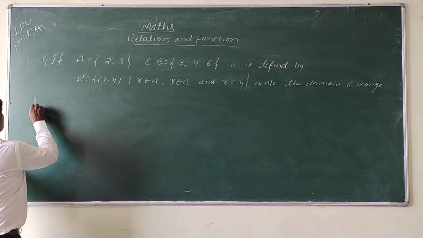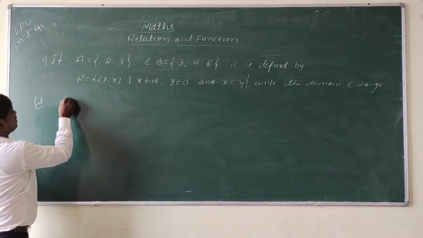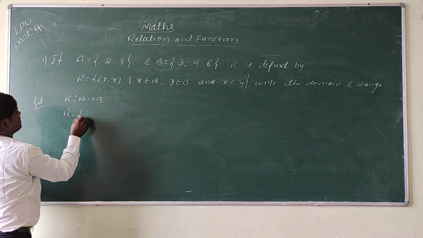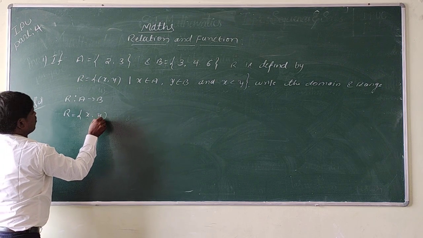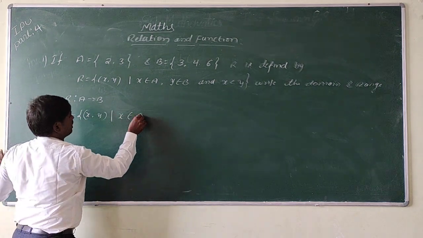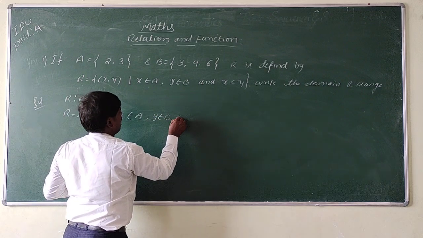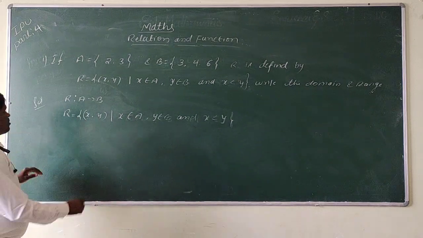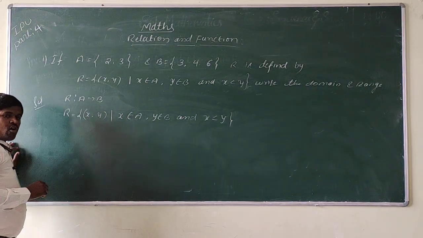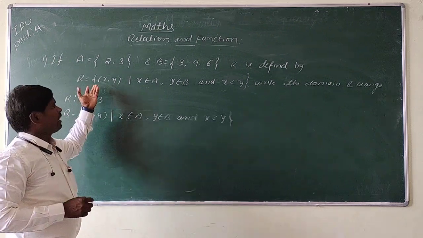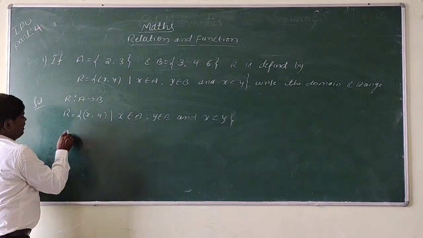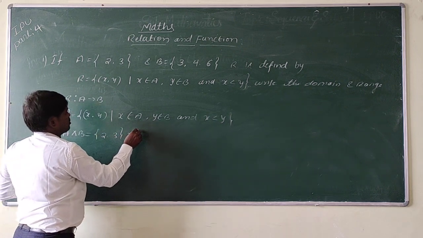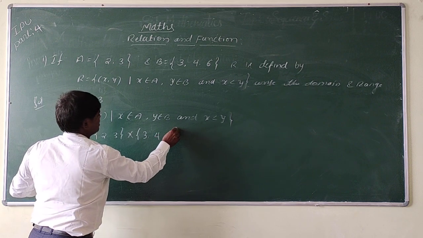Solution. R is a mapping from A to B, defined as the set of all ordered pairs (x, y) such that x belongs to A, y belongs to B, and x < y. We already know that relation R is a subset of the Cartesian product A cross B, so first we find A cross B, which is {2, 3} cross {3, 4, 6}.